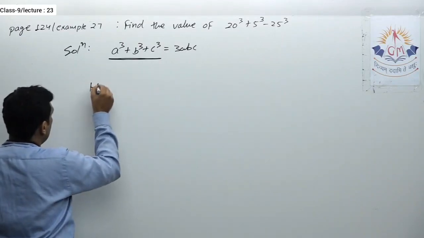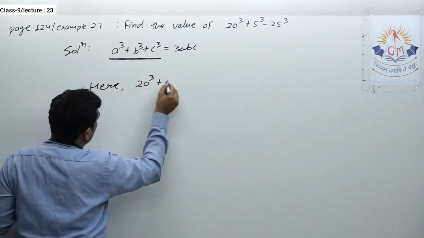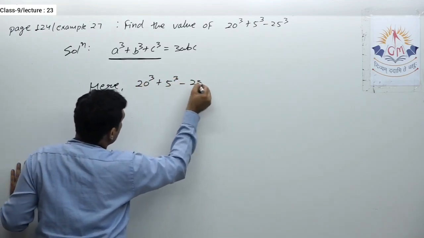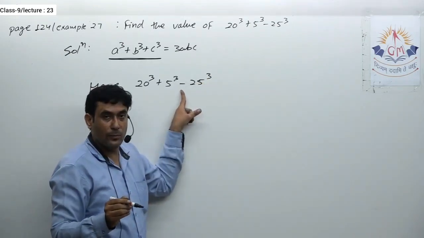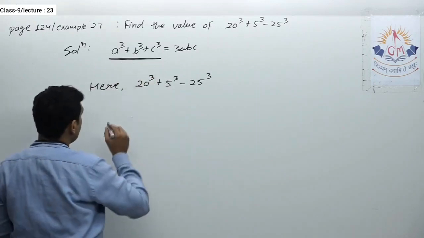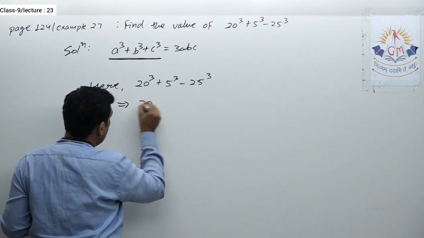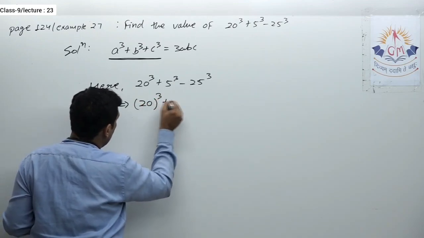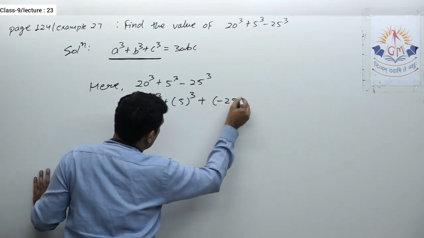So let us see. Here we have 20 cube plus 5 cube minus 25 cube. You can see here there is a negative sign, not a positive sign. That means first of all we have to write this in this form. Okay, so here I can write 20 cube plus 5 cube plus minus 25 cube.